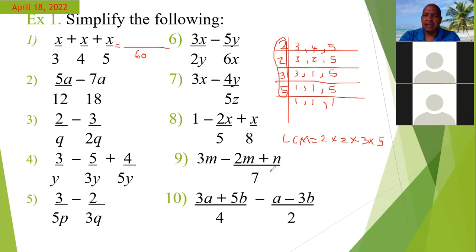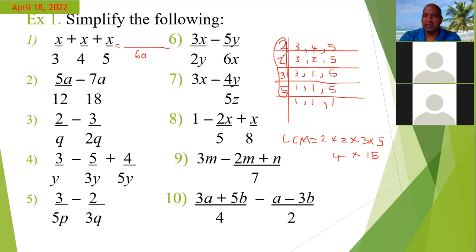All right. So whichever way you want to multiply it. So if you want to say 2 2's 4 and 3 5's 15, 4 times 15, you would get 60, whichever way you choose to do it. So that's how you can arrive at your LCM.